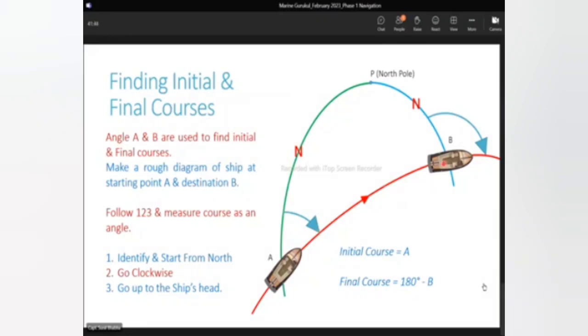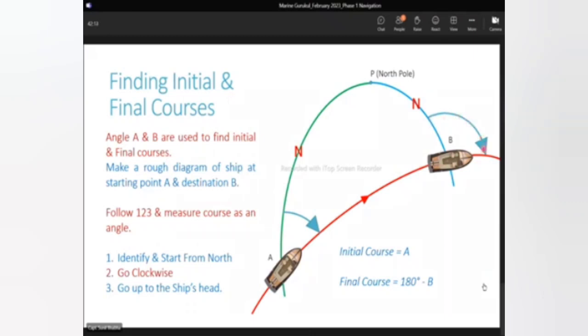Now let's go to the destination position. Now at the destination position, this is not the case. The angle B which we have obtained using the cosine formula is the inner angle of the triangle PAB. But our course is not the inner angle of the triangle. Our course in this case is the outer angle B of the triangle.